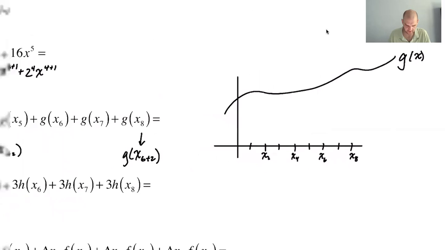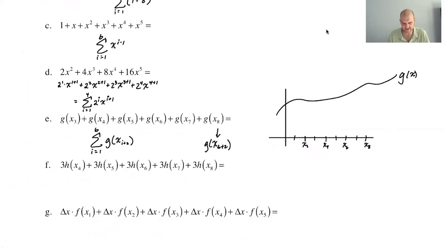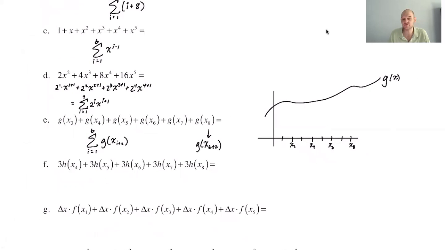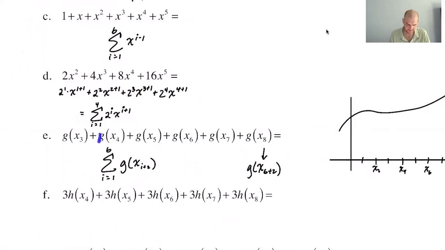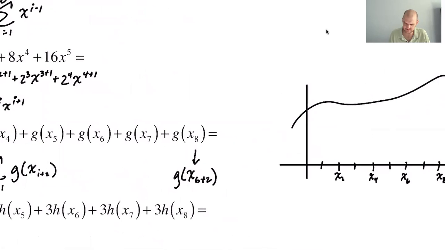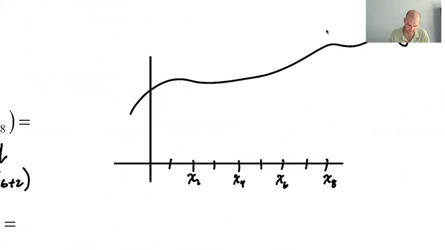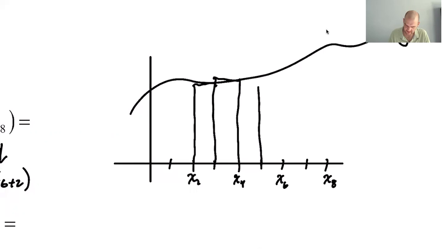So what we're sort of doing here depends on how you look at it. Let's say we were doing a right Riemann sum. So each of these is like 1 times g of x3, 1 times g of x4. Actually, let's say that they're 1 apart, as long as they all differ by 1.